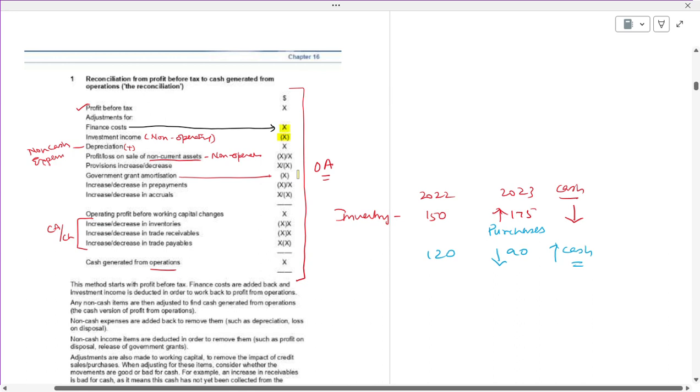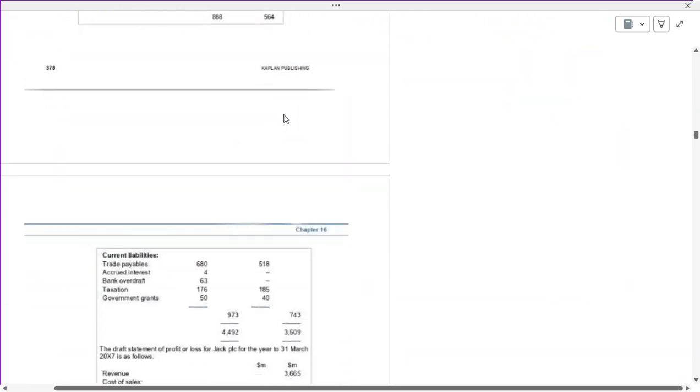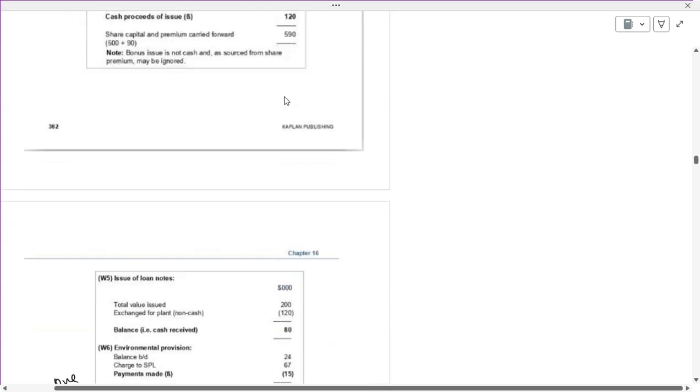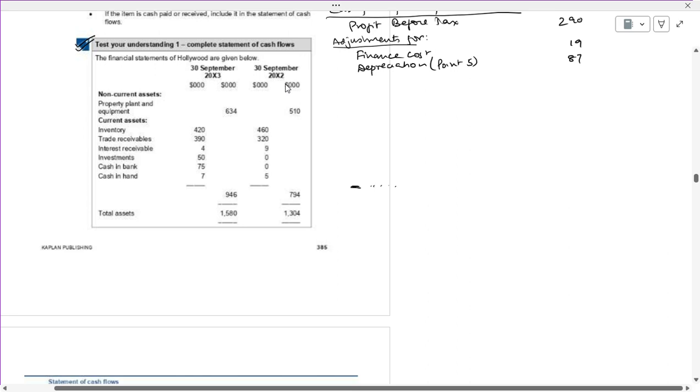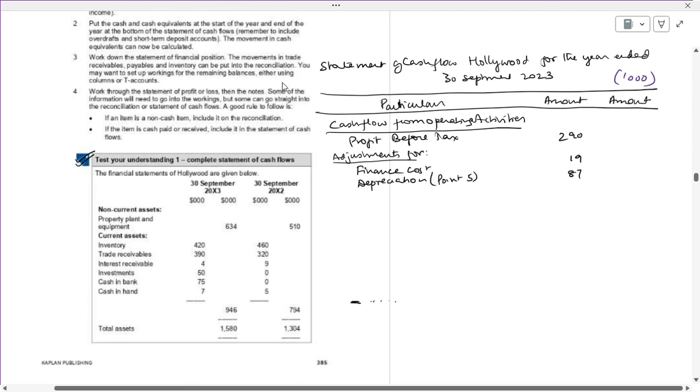Minus. Always minus. If they say only one point, it means always plus or always minus. Understand the point? If they have not given an option, then it is only one thing. How much is the investment income? Investment income is 5.